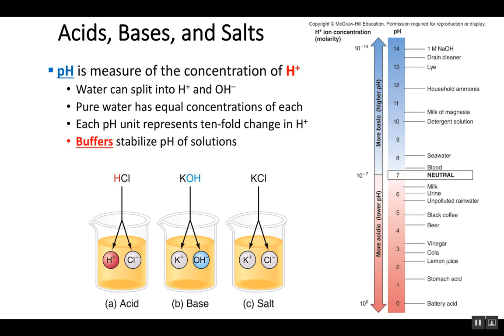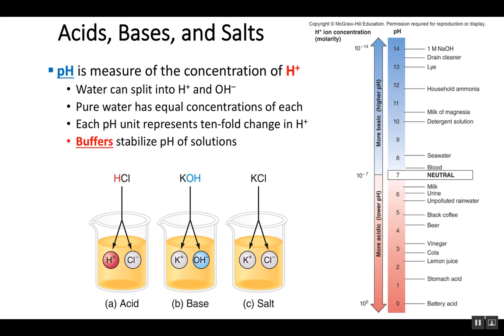Bicarbonate stabilizes our blood pH at roughly 7.4. So notice blood is just above neutral. So your blood is what we call slightly alkaline. Alkaline is another name for basic. In order to keep it slightly alkaline, your blood has a buffer called bicarbonate.